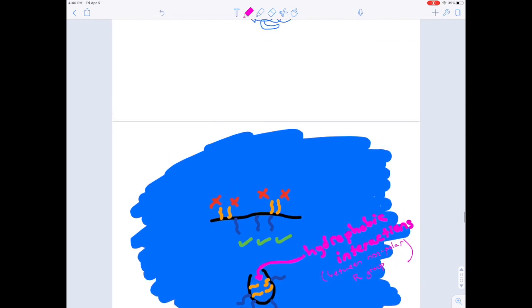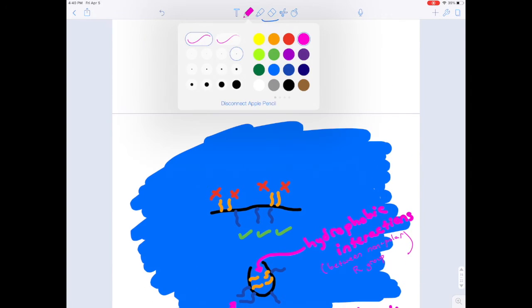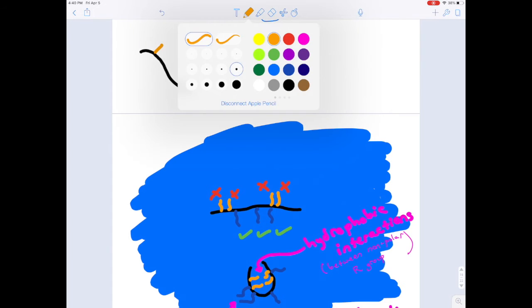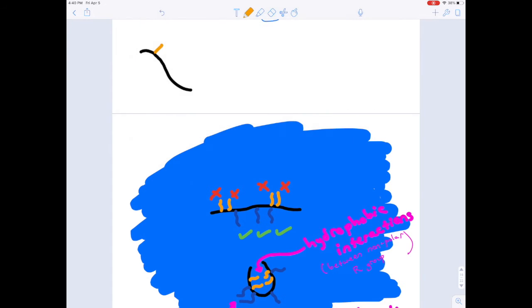Just to give you an example of what the influence of a disulfide bond would look like, let's say you have a protein, and you have one cysteine in one place and another cysteine in another place.